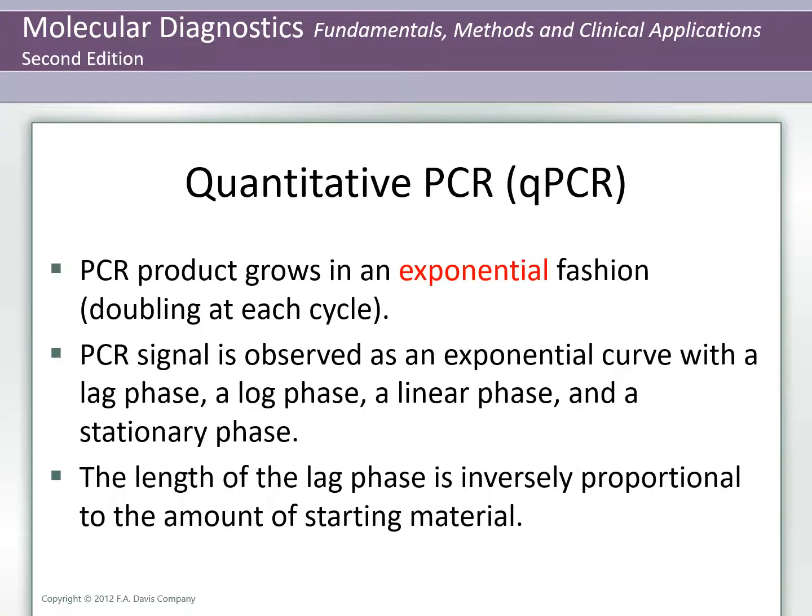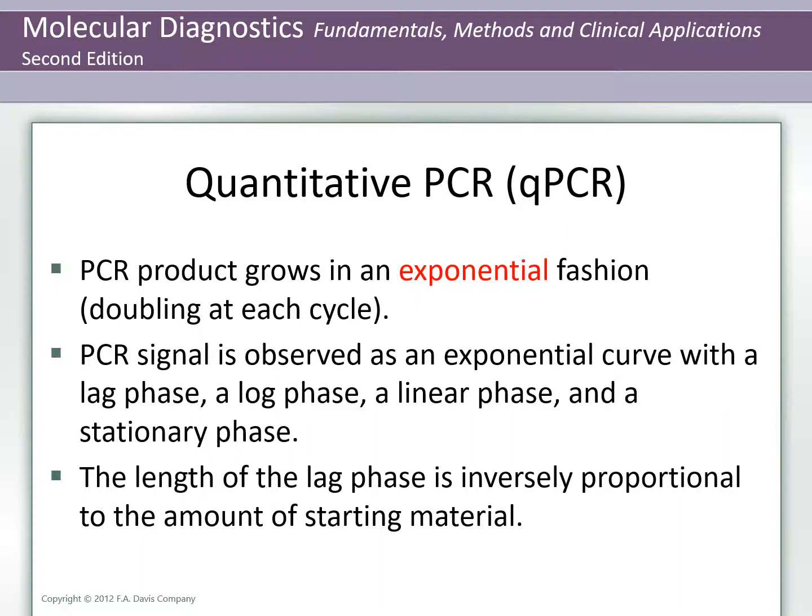With quantitative PCR, the product grows in an exponential fashion. It doubles at each cycle as seen with the standard PCR. The PCR signal is observed as an exponential curve with a lag phase, a log phase, a linear phase, and a stationary phase. The lag phase is the initiation as the reaction components are in excess and copies begin to be made. The log phase is when copies increase exponentially.